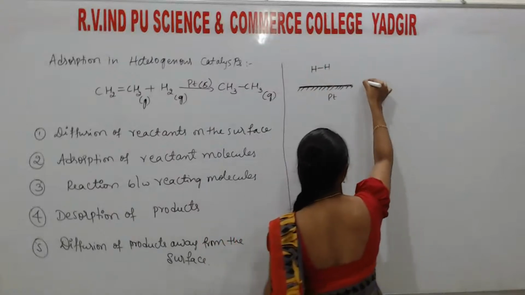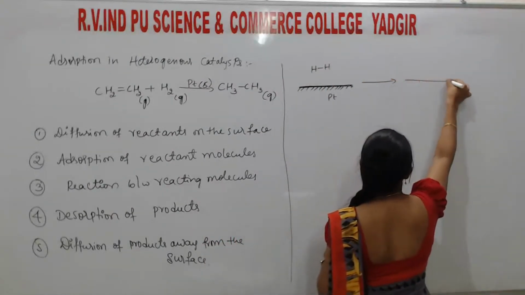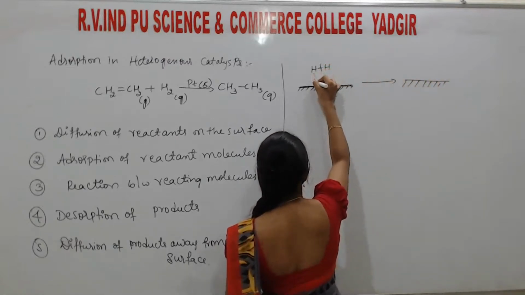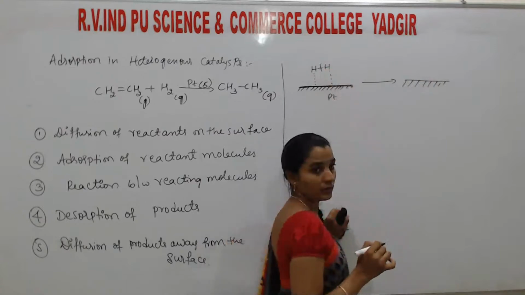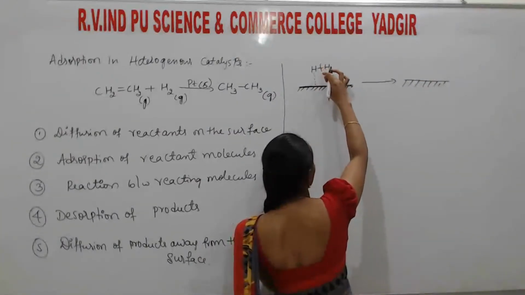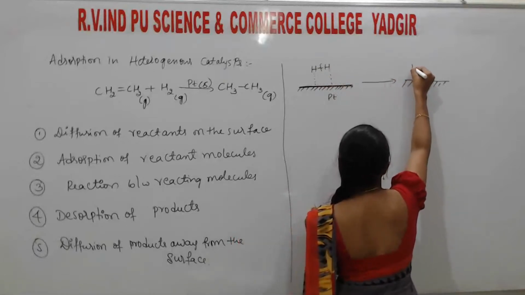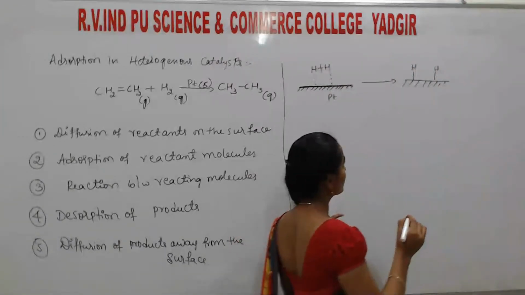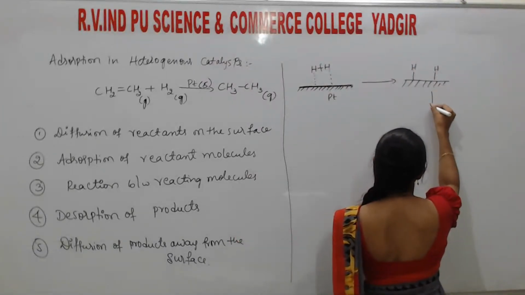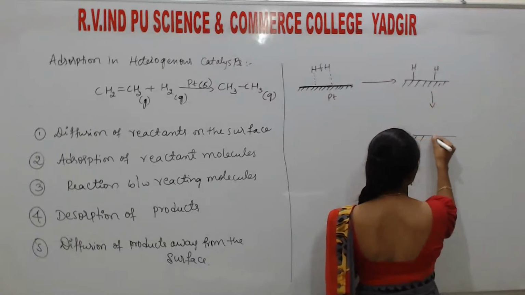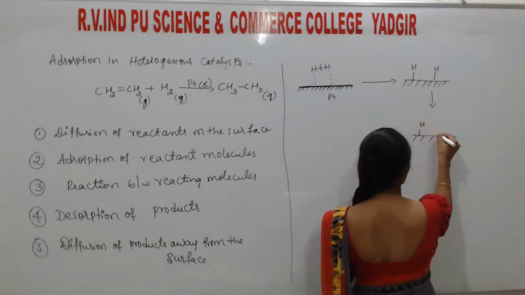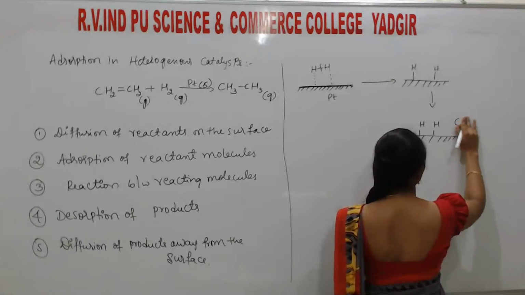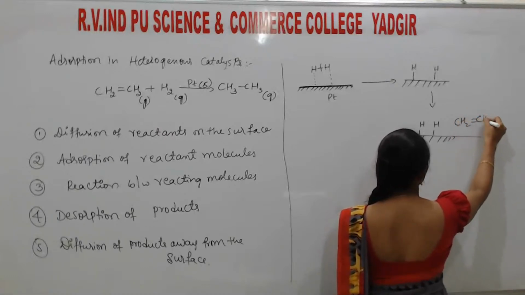Then, in the next step, this breaks the bond here and forms the bond here. One starts to bond here. Next, the ethene molecule is added. Already H is there here, and H is there here. To this, the ethene molecule, CH2=CH2, is also added.